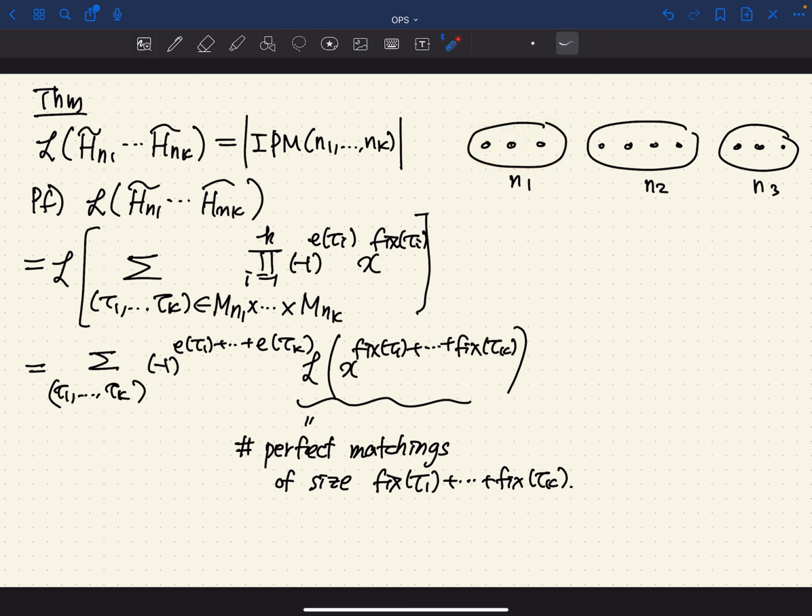So it's like this, one edge here, maybe two edges, but let me just put one edge. So 1, 2, 3, 4. Okay, this looks very special, but let me just choose edges like this. Now every edge has weight -1, but the remaining fixed points contribute x. So x to the fourth.